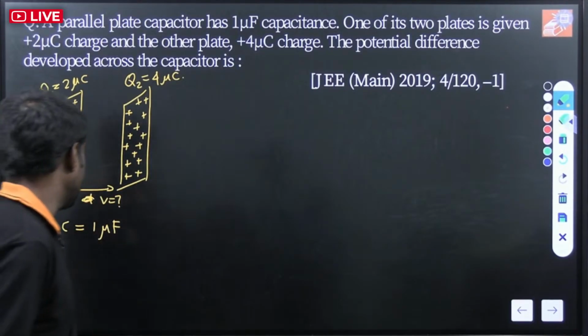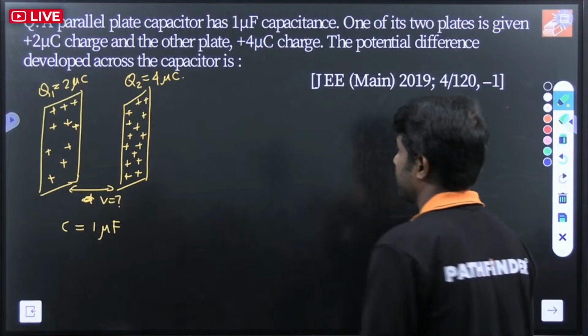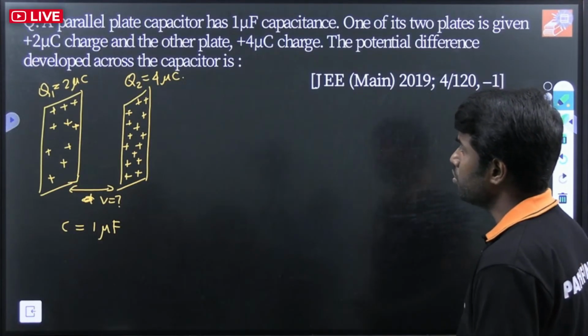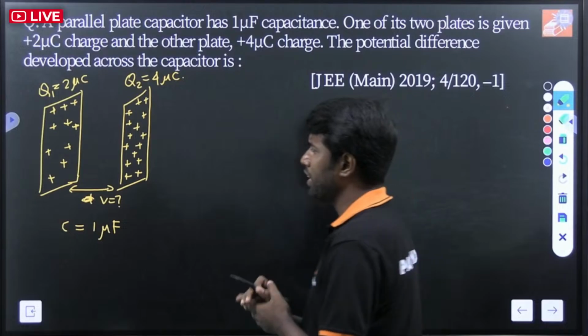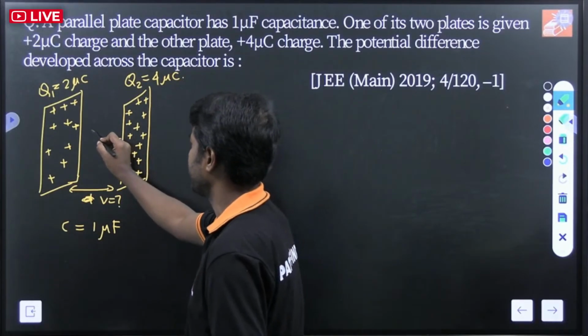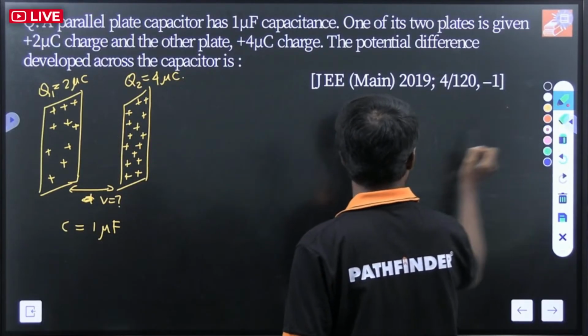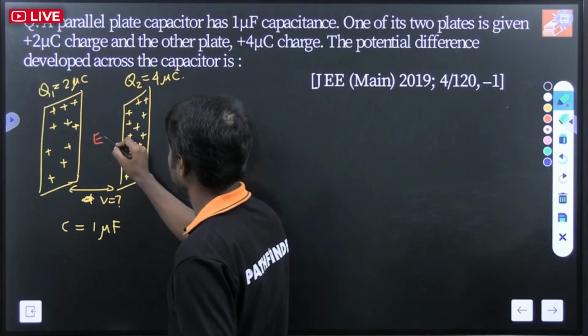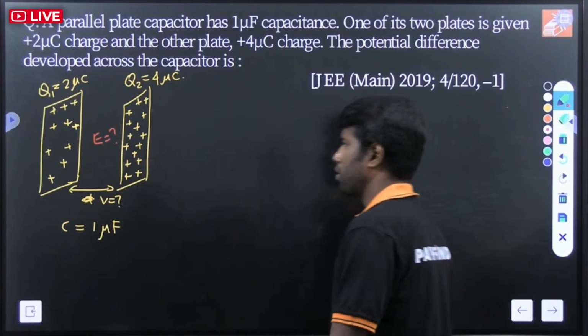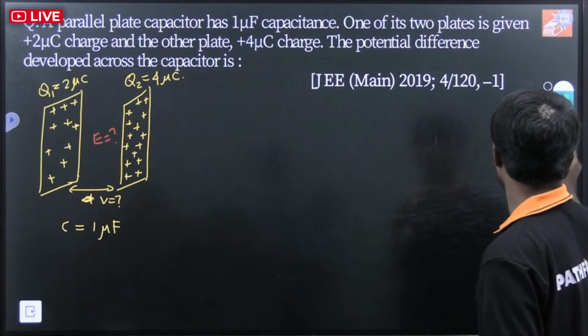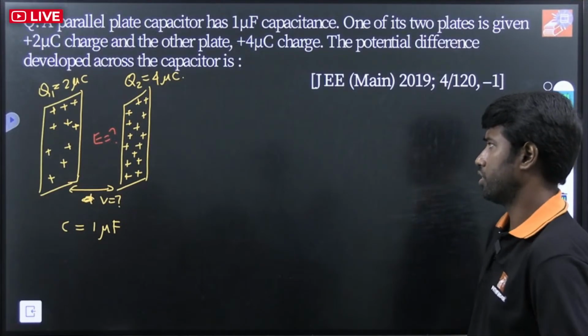To calculate this, first we check the electric field intensity inside. From there we can find the potential, because we know the relation between potential and electric field intensity.